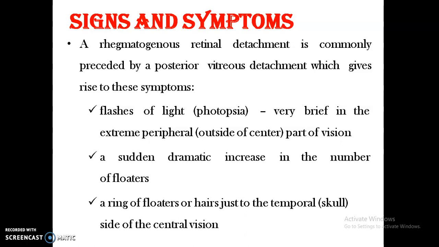Do you know what floaters are? Floaters are spots in the vision that look like black or grey specks or strings that drift across the eyes. Once there is a vision problem, there may be spots in the vision.